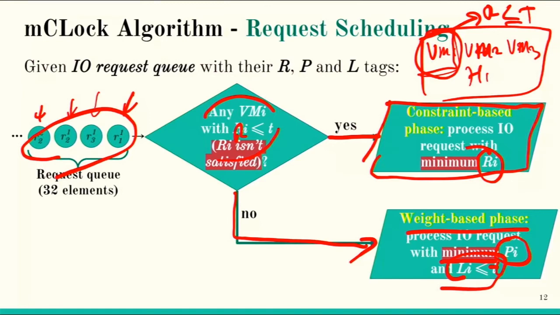Because it means that the VM is still not beyond the limit value. If Li is greater than T, that VM has already gone beyond the limit value, beyond the upper bound, so we will not process the request from that VM. This is the meaning of these conditions.